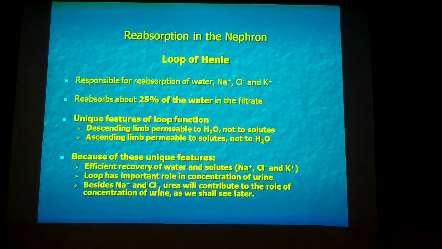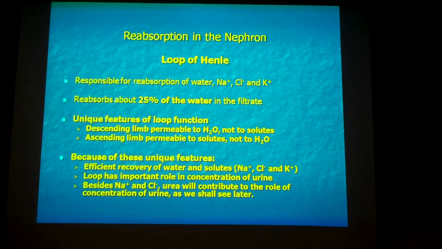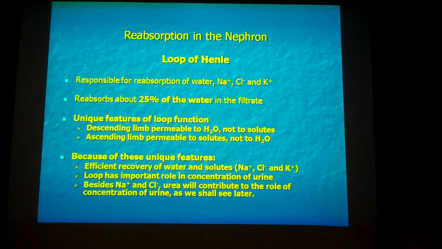All right, that brings us to the loop of Henle. What's going to happen here? We're going to reabsorb water, sodium, and chloride, and a little potassium. How much water are we going to reabsorb in the loop? About 25%. So by the time we get out of the loop, we have reabsorbed 85% of the water, right?